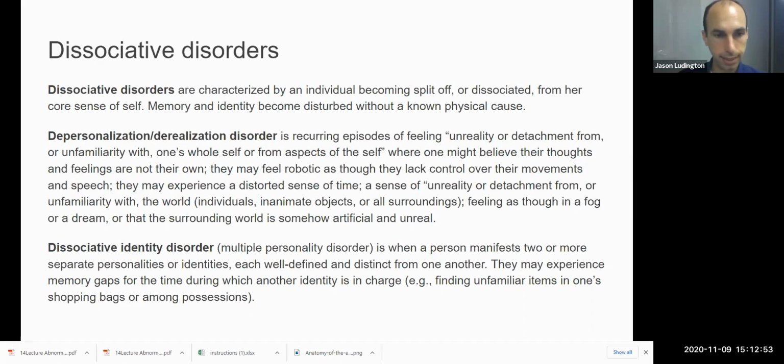Certainly the diathesis includes genes and stress and childhood trauma. The childhood trauma does not dictate which disorder you're going to have, but it predisposes you to a disorder. And then the genes kind of suggest which disorder it would be.